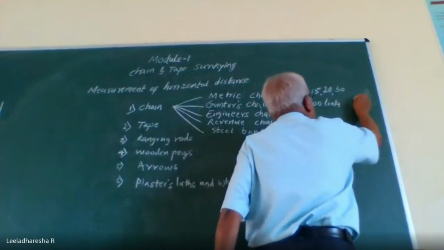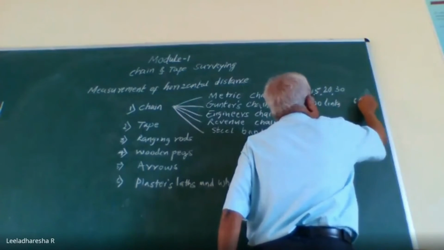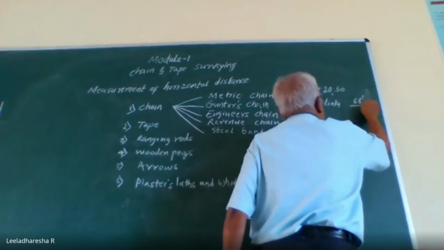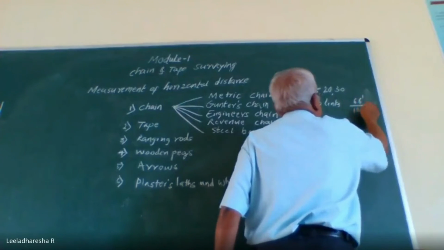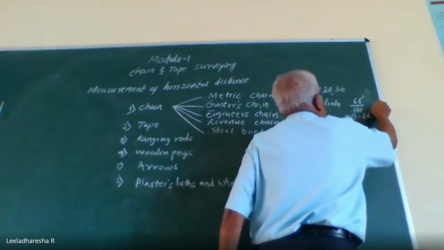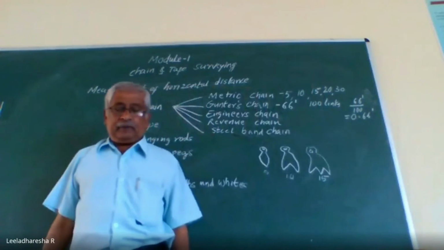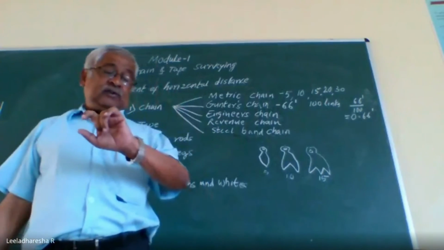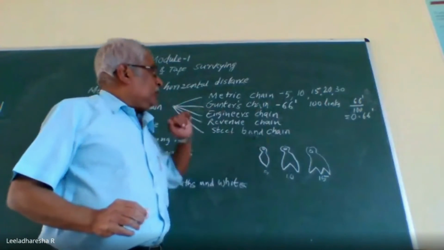So, what is the length of each link? 66 feet divided by 100. So, it will be 0.66 feet. Each link will be 0.66 feet.